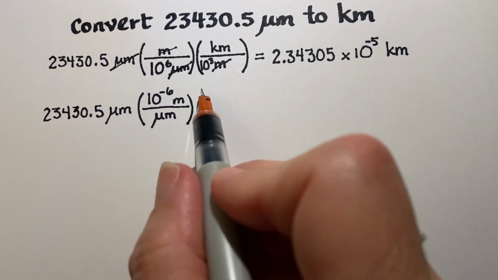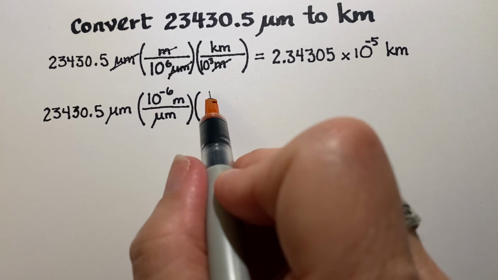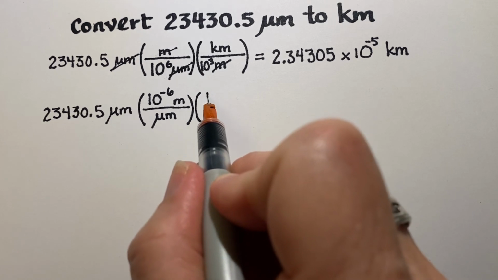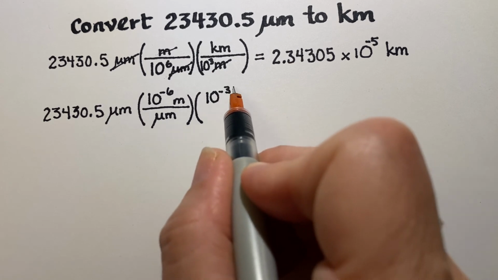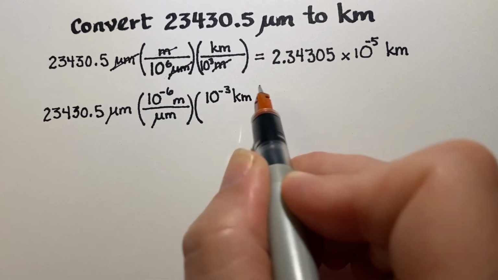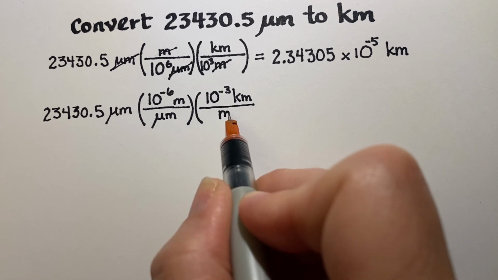So we can take this same idea for the next conversion, and that would be saying 10 to the minus 3 kilometer per meter.